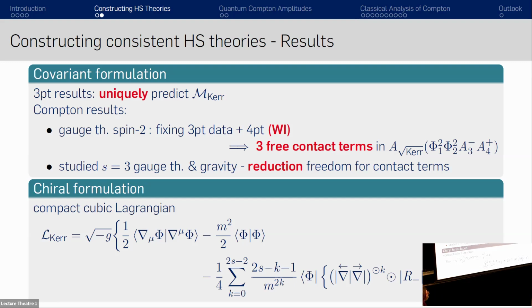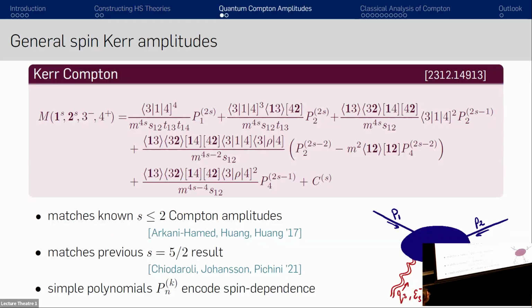Great. So given that, we can write out our Compton amplitude. And I've written it maybe in what looks like an overcomplicated way, but this is an amplitude which just means any spin s massive particle interacting with a massive particle of the same spin and two gravitons of the chosen helicity. Then this is the Compton amplitude.